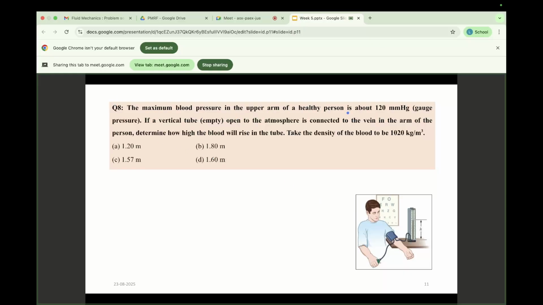So in this question, what is given? 120 mm Hg gauge pressure is given, right? And the density of blood is given. What are you asked to find? You are asked to find how high the blood pressure will rise in the tube.